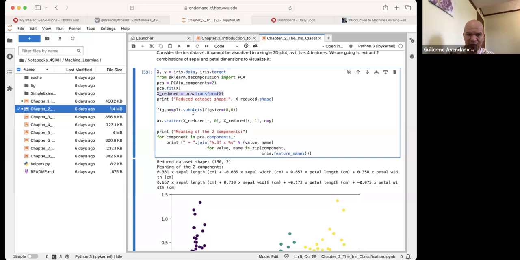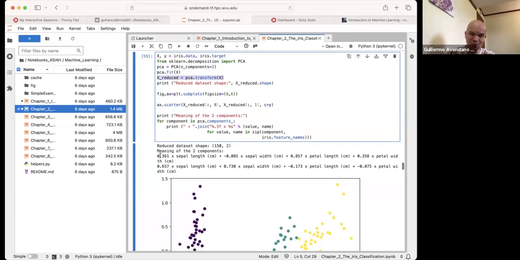In this case, the reduced version, instead of having 4 dimensions, will have 2 dimensions. Those 2 dimensions are not one or the other of the original columns; they are combinations of those columns, which are those 2 here. So 0.3 times the sepal length minus 0.08 times the sepal width.